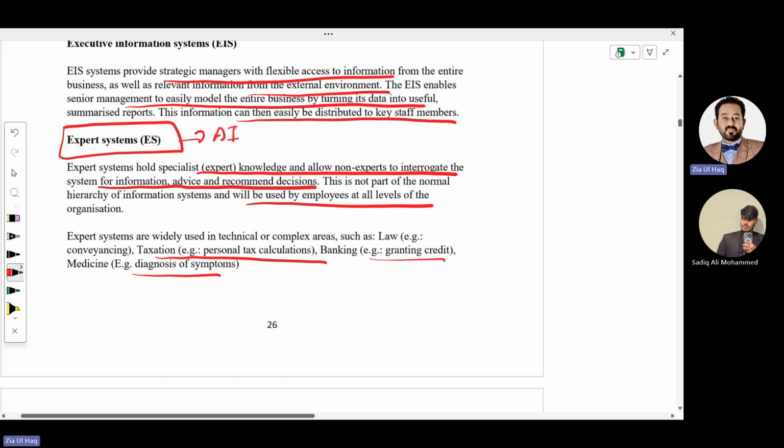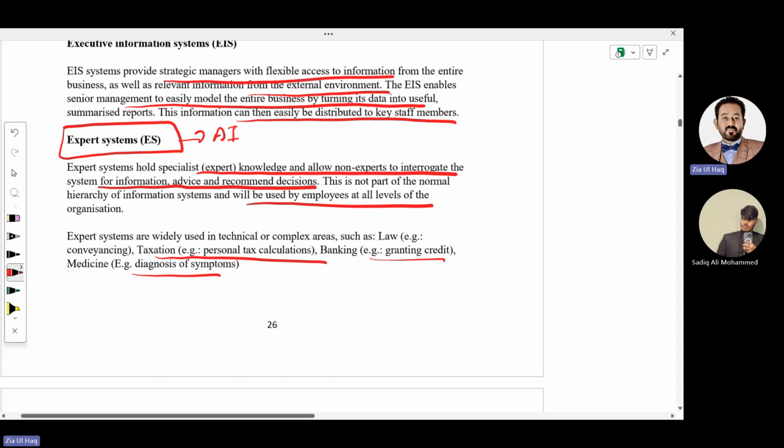All the devices attached to a patient in an ICU that monitor their heart rate and display it on the screen are called expert systems. In the past, doctors would put a hand on you and check whether everything was going fine or not. Okay, open your mouth, show your tongue.